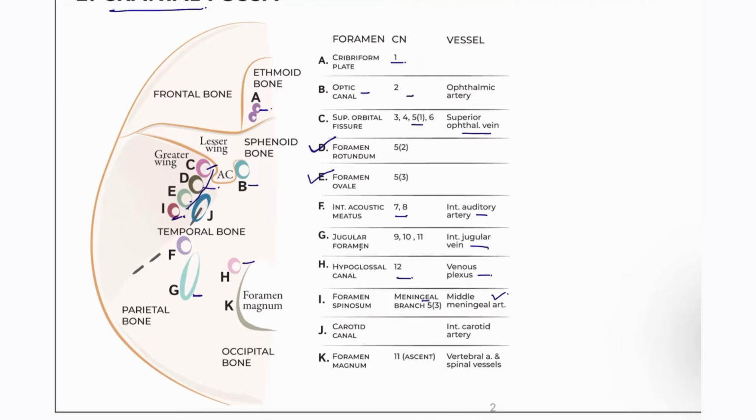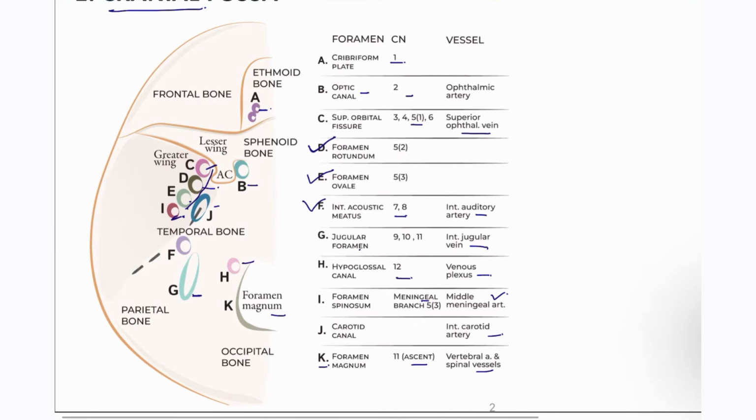Next, carotid canal. Here, this one is the carotid canal, with the internal carotid artery. Okay, and coming to the last one, foramen magnum: vertebral artery, spinal vessels, and the 11th cranial nerve is going to ascend. That is the difference. Okay, at least remember these important parts, guys. This can be asked in the examination.